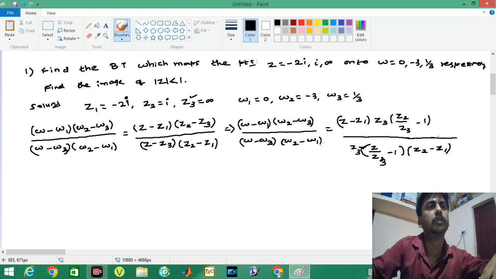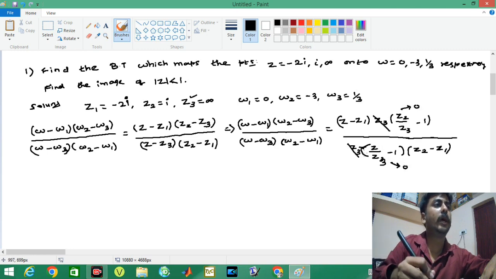So z3 and z3 cancel, and these two terms become 0, because anything divided by infinity becomes 0. So we get the values other than these terms, z2 by z3 and z by z3. Now we can start substituting the values.